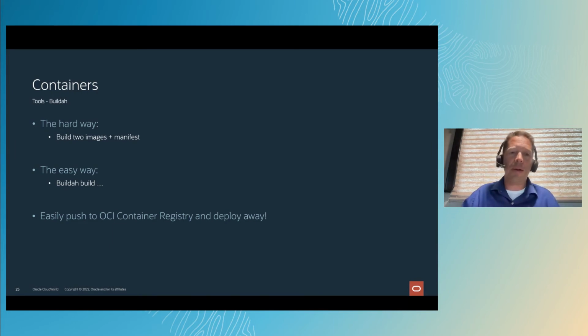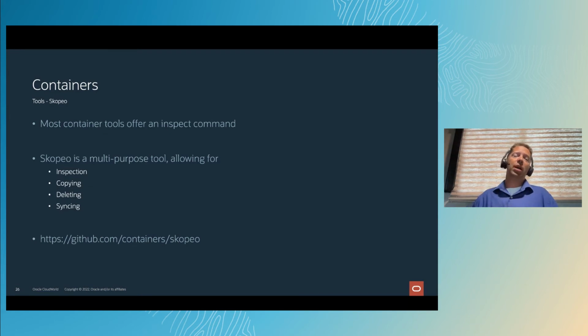Now, Skopeo is a great tool that I just want to mention here, just to put in a little blurb for, because most of the container tools do allow you to inspect, whether we're looking at an image or a manifest. We can often inspect, which usually shows a JSON representation of whatever's contained within that container or manifest.